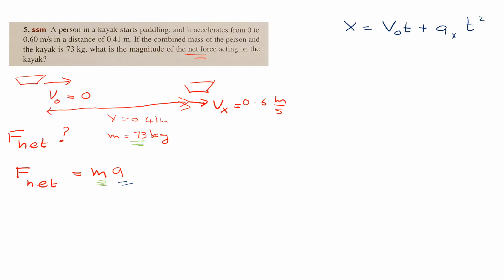And let me write another equation: V square equals V naught square plus 2AX X, where this is the x direction.